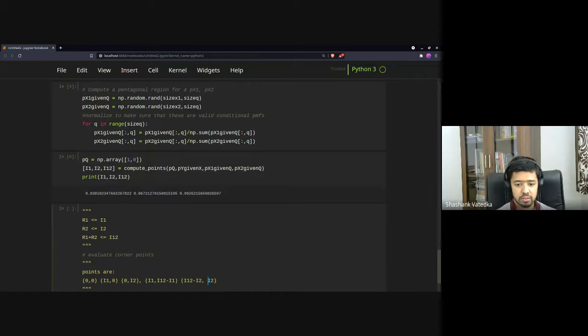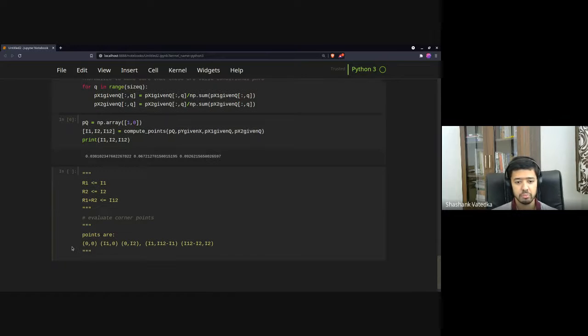Right, so these are the 5 points which are going to give me a particular pentagon.